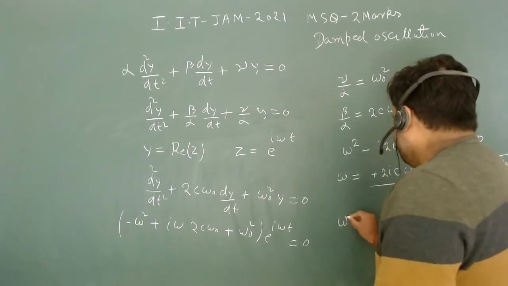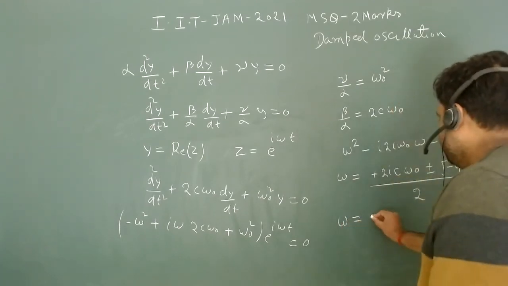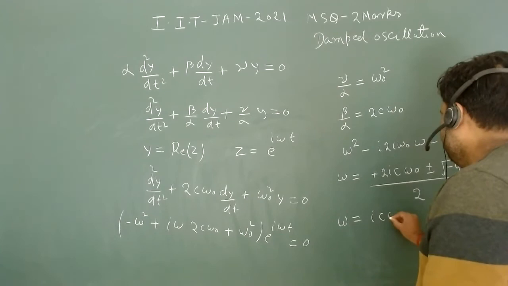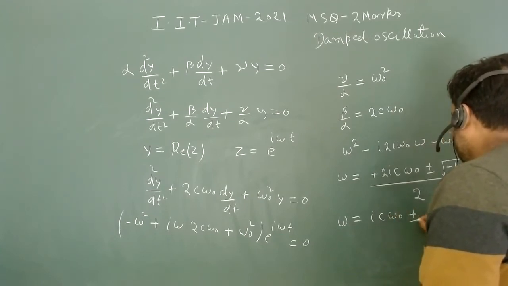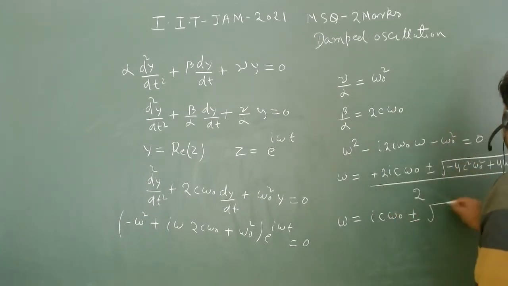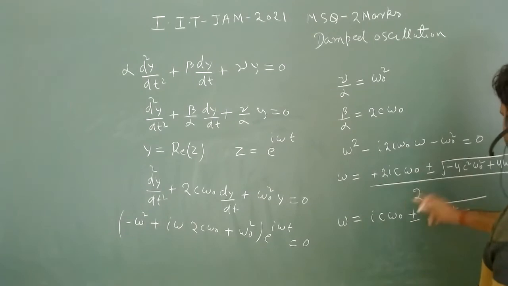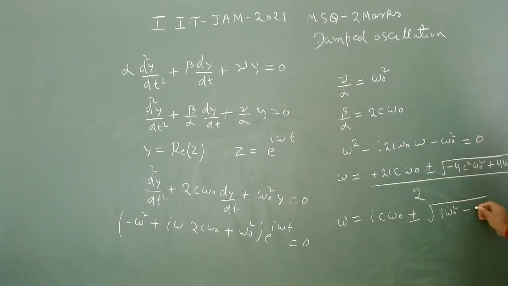So we have omega as i c omega naught plus minus, and here we have 4 omega naught square, and this 4 can be cancelled out with this 2. So omega naught square minus c square omega naught square.